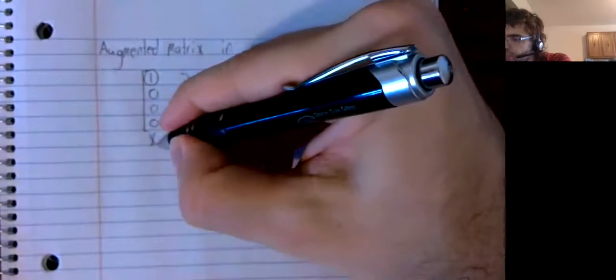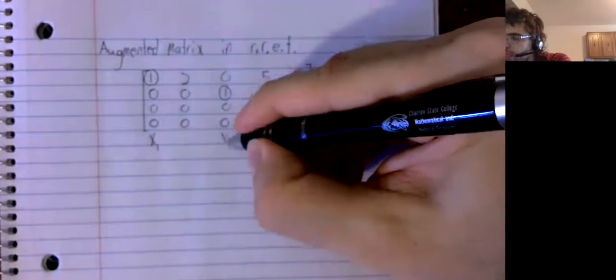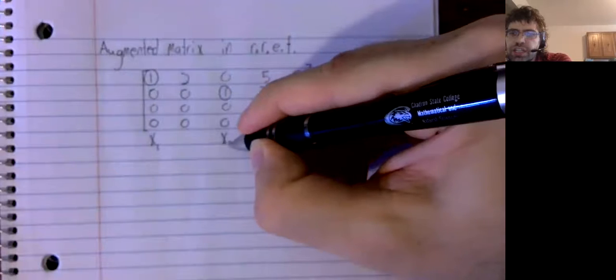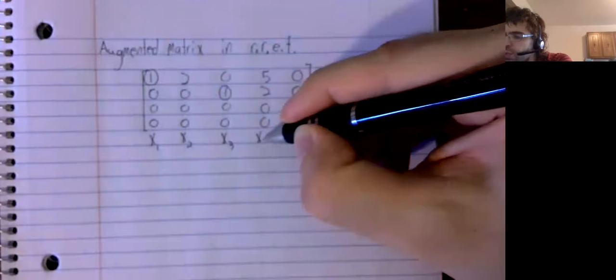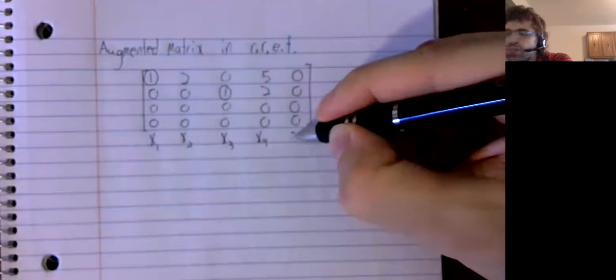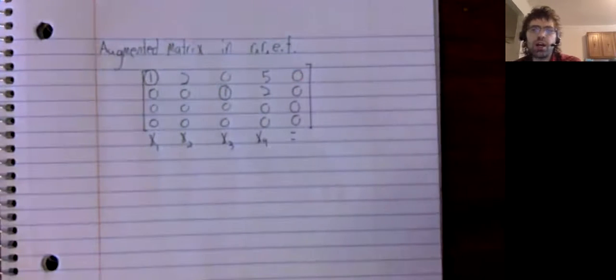So x1 and x3 are basic, while x2 and x4 are free.